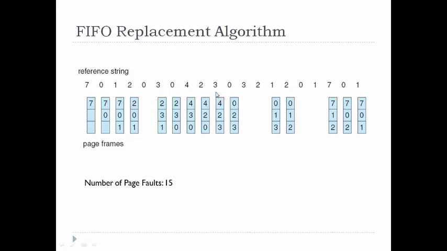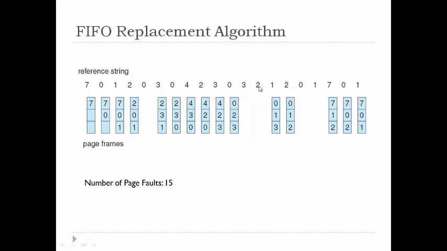Again check in reverse. We have 3, 2, 4, and since 4 was inserted first, we are going to insert 0 in the place of 4. So we have 0, 2, 3. Since 3 is already there in the list, we are not disturbing anything. 2 is already in the list, and 1 is not in the list, so going in reverse we have 3, 2, 0.